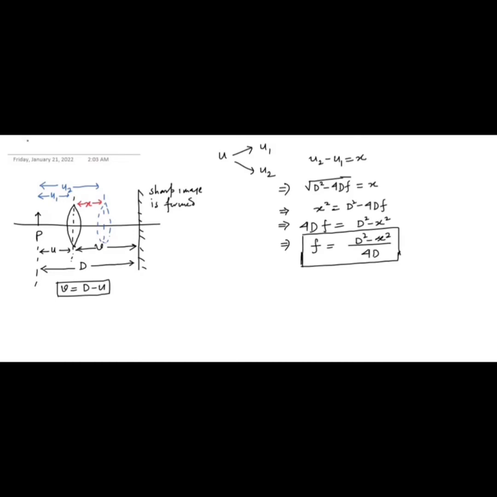Notice there's a very important thing here. What was the value of u? Just rewind the video a bit and see that the value of u was (d plus minus root over d square minus 4df) upon 2. Now look at this.